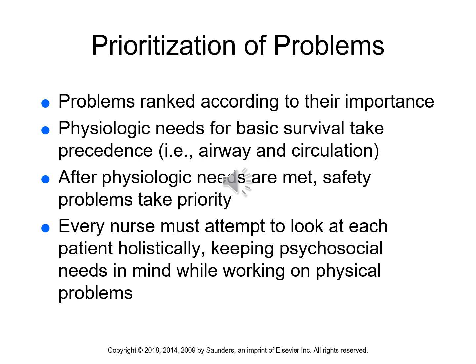One way we talked about prioritizing is using Maslow's hierarchy of needs. Remember, Maslow's hierarchy of needs is that triangle where on the bottom your physiologic needs, so your airway, your breathing, your bowel and bladder elimination, your nutrition status, things like that, are in that physiologic level.